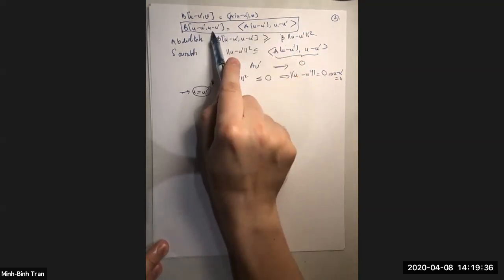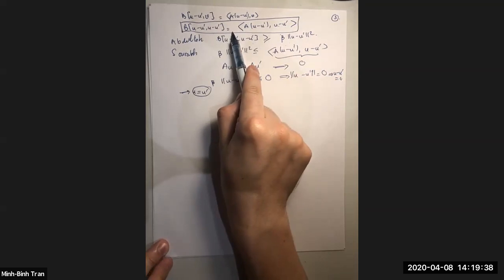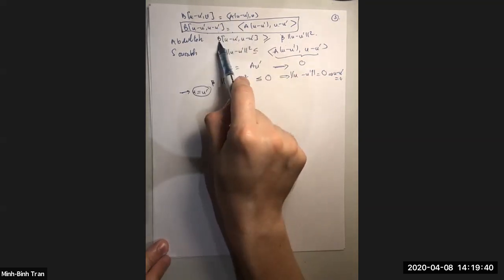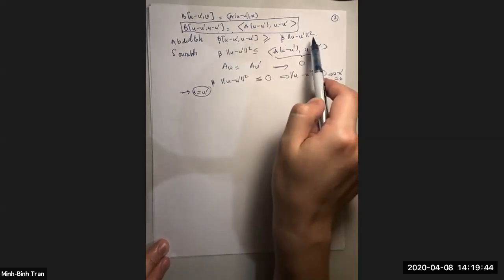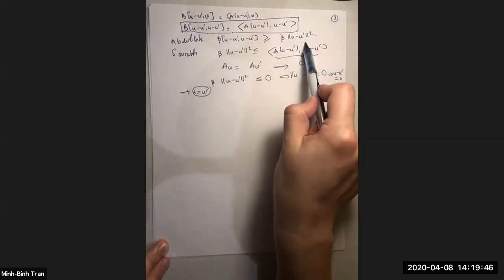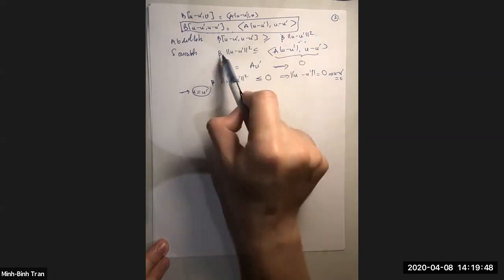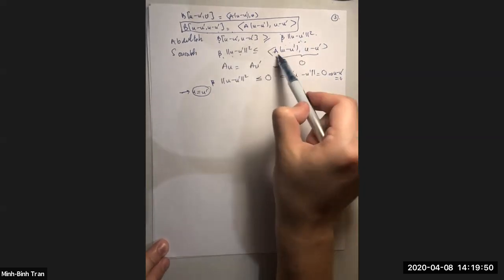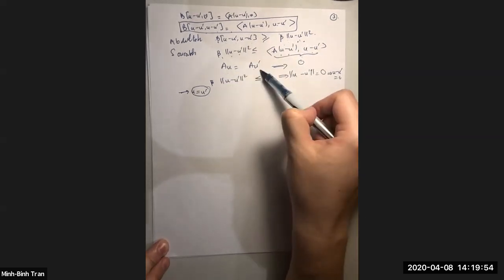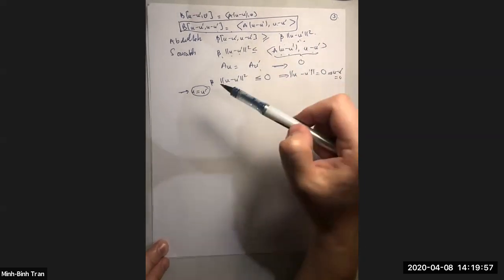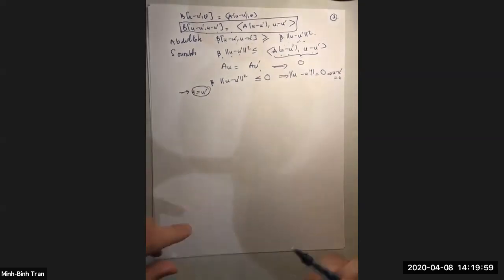When you choose V to be this value, then according to Abdullah, coercivity is applicable. So you have beta times the norm of U minus U prime squared smaller than A(U minus U prime), but AU is equal to AU prime, meaning that this is 0. Which means that U is equal to U prime.